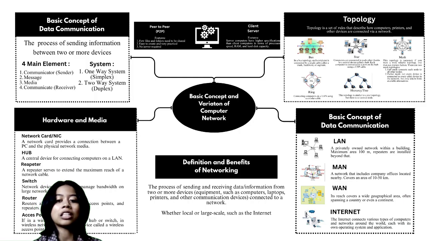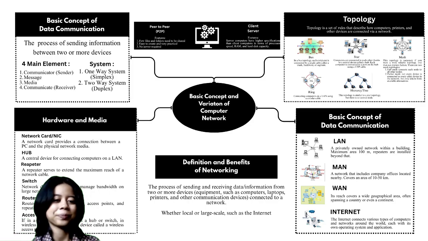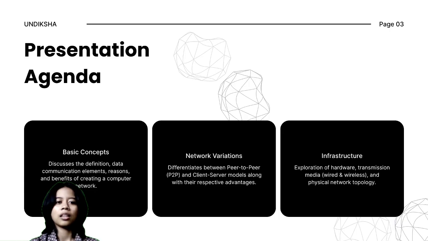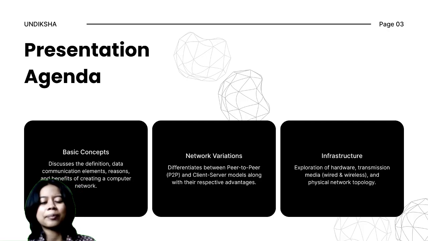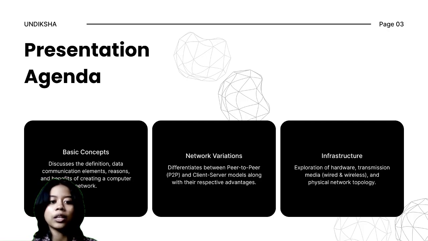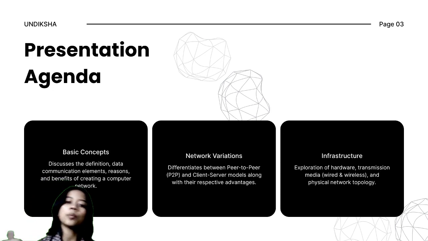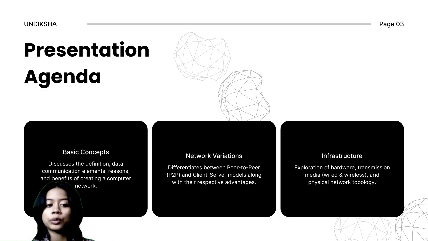Let us begin our exploration with the fundamental definition of networking. As outlined in our presentation agenda, our technical exploration will move systematically through three core operational phases. The first, we will explore the basic concept, unpacking the definition, elements, and operational reason behind establishing a network.